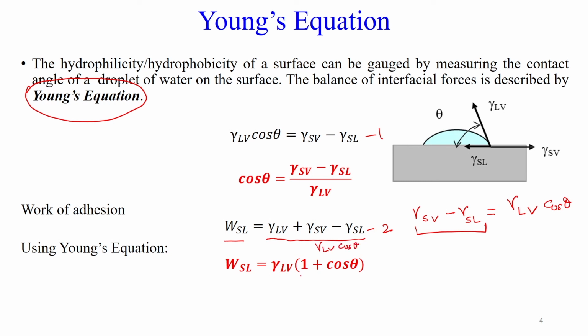So, it will be gamma LV (1 plus cos theta). Again, if the contact angle and the liquid surface tension are known, we can calculate the work of adhesion, or, if the work of adhesion and the surface energy of the liquid are known, we can calculate the contact angle.